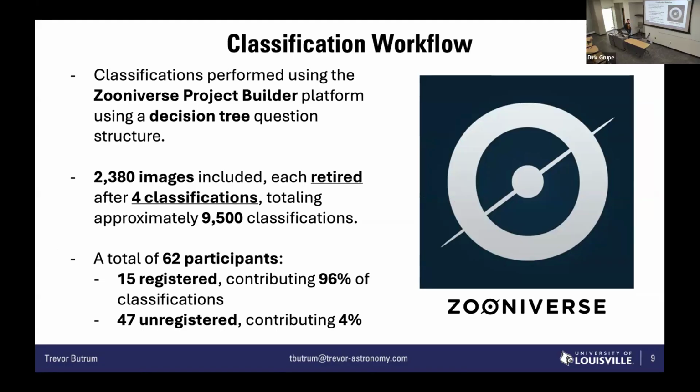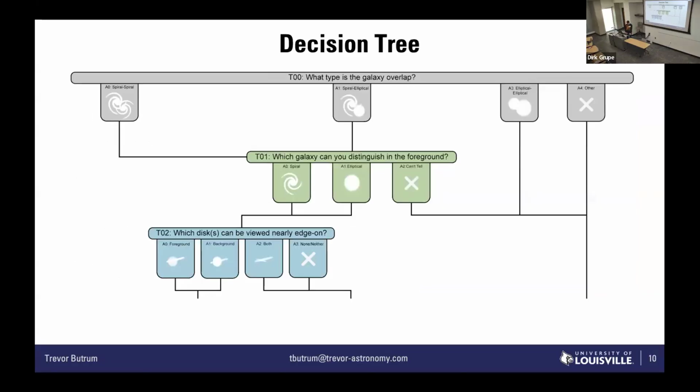But overall, we got about 9,500 classifications, so votes in total. A total of 62 people participated in this. 15 were registered people, most of whom were in our research group, and they did most of the work, 96% of the classifications. And 40 were unregistered, since I sent it to family and friends, and they did about 4% of the classifications.